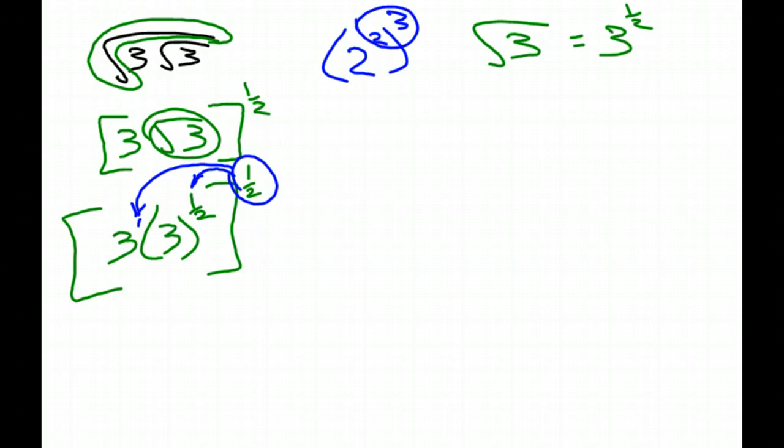It means multiply, 2 times 3, it does not mean add. So what is the exponent on this 3 given this 1/2? 3 to the 1 times 1/2, which is 1/2. What is 3 to the 1/2 to the 1/2 power? 1/4, because we multiply 1/2 times 1/2 and get 1/4.